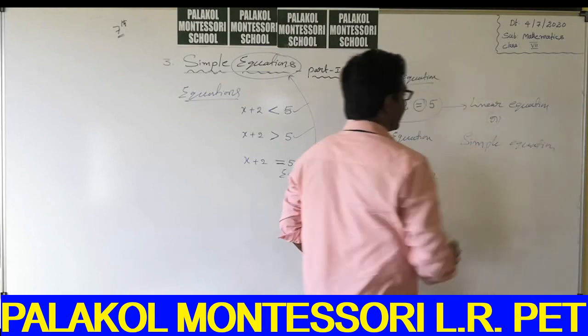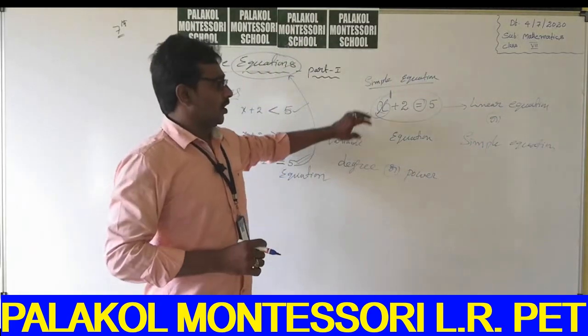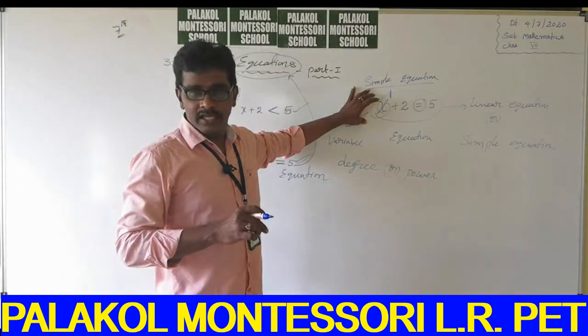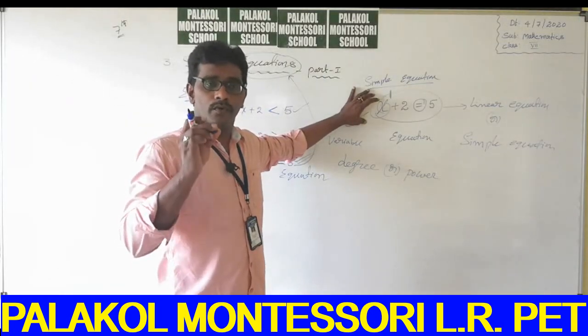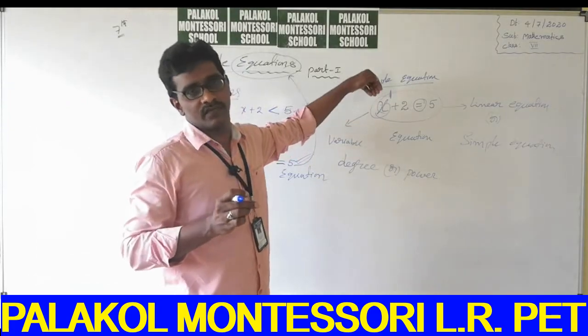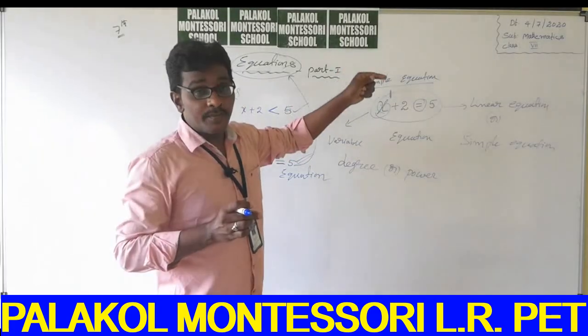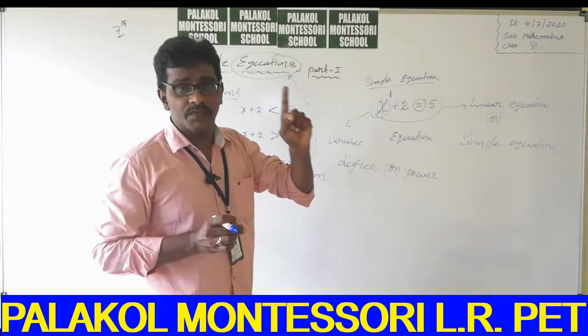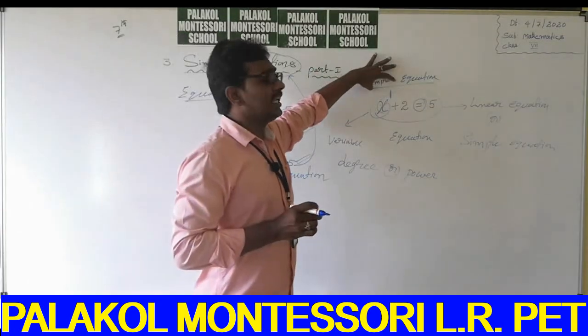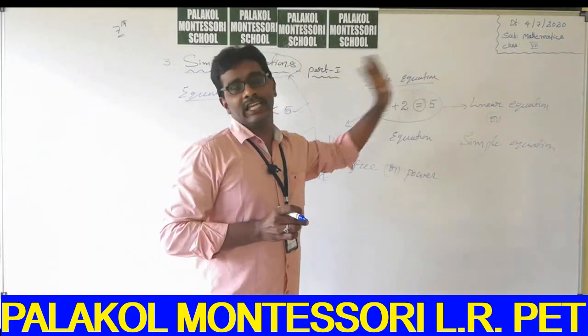Once again, take one equation. First identify how many variables are in this equation. If the variable's highest power is 1, that type of equation is called a simple equation or linear equation.